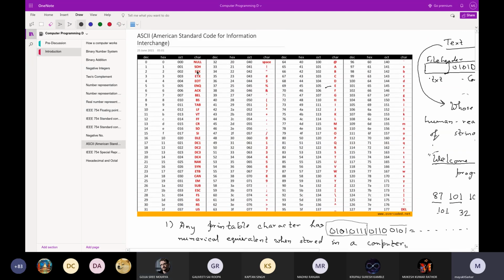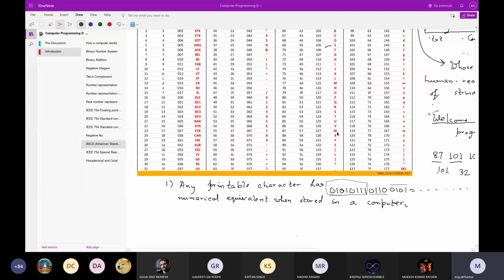See, ASCII is a well-known standard, internationally supported and acclaimed. In fact, I have shared this as well. You can even search for an ASCII chart over the net. That is one thing every computer science student should keep handy. That means, it does not matter on whatever computer or electronic device you write, if you write capital W, internally it will always be represented by this 57, meaning 0101 0111.